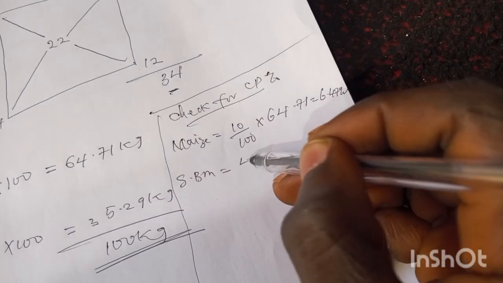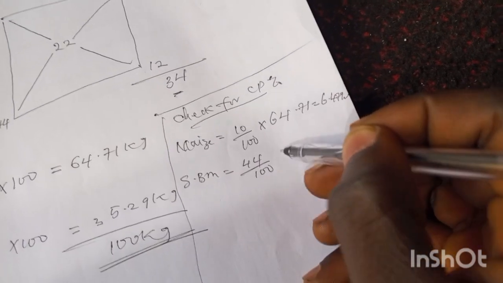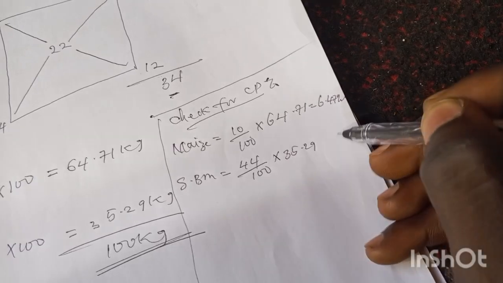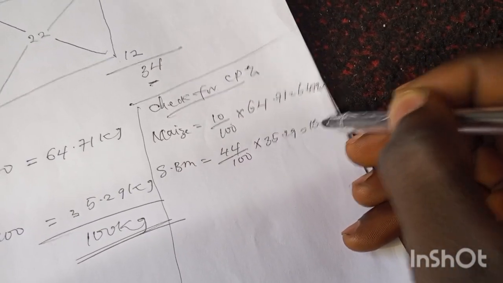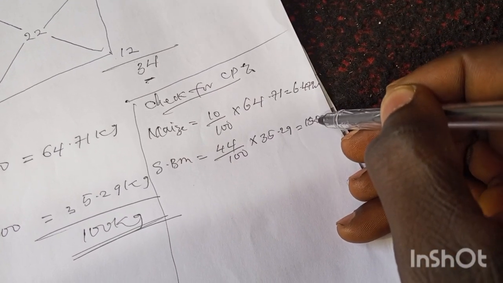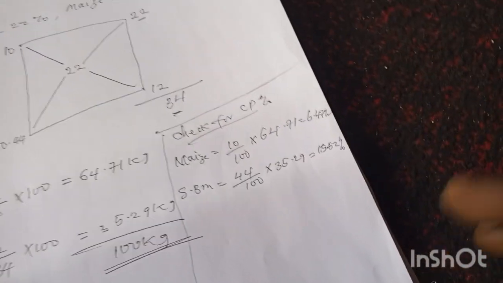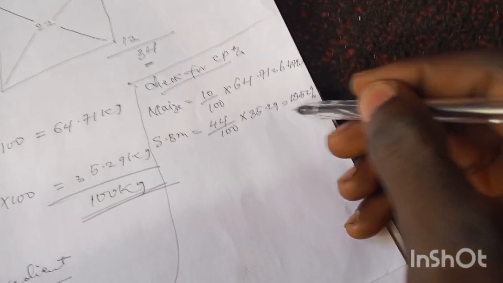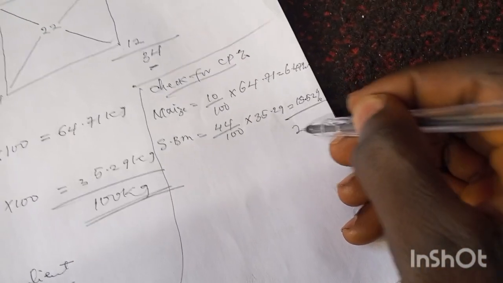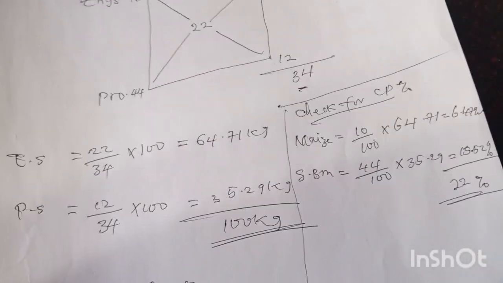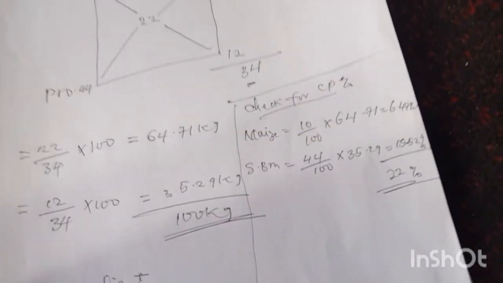The value for soybean given is 44 over 100 times the calculated value, which is 35.29. When you calculate it, you're going to have 15.52%. Good. Now, when you add everything together, you are going to have 22%. Exactly. You have your calculator with you, you can try it and confirm whether it is correct or not.